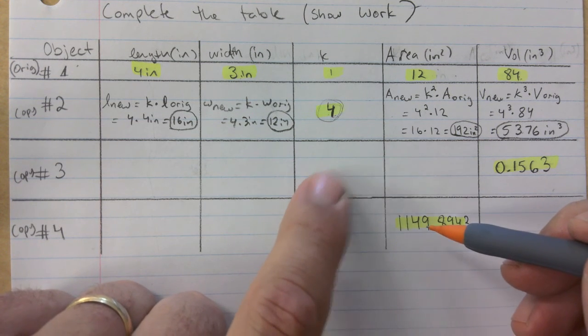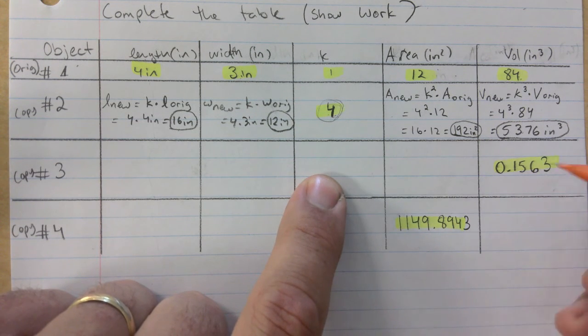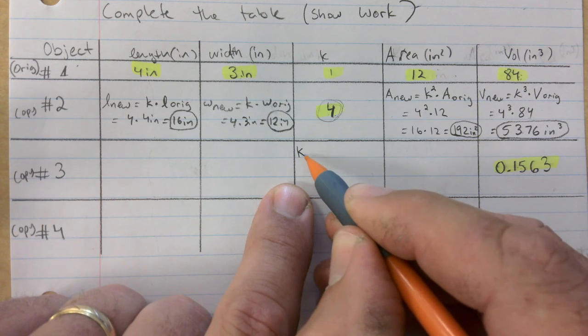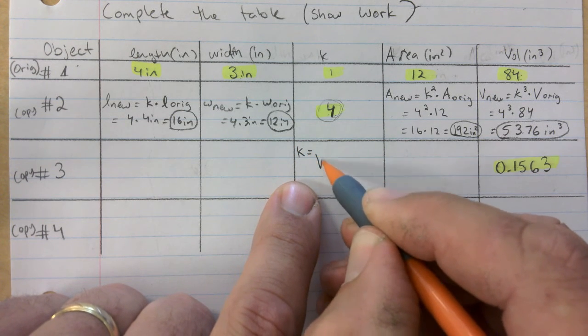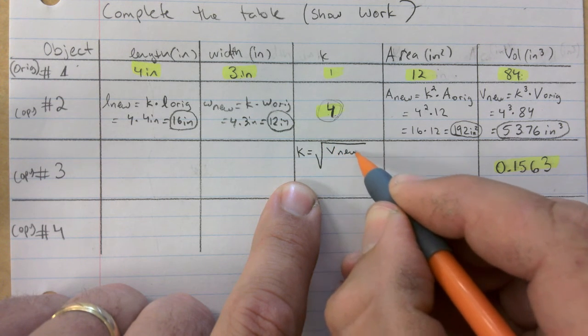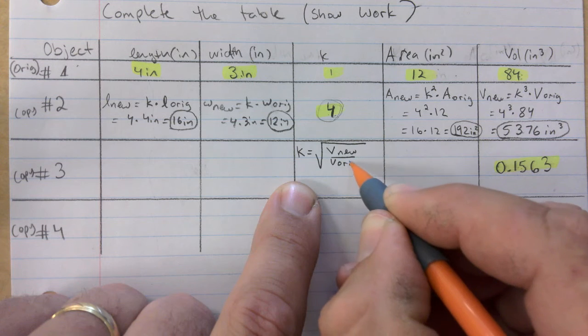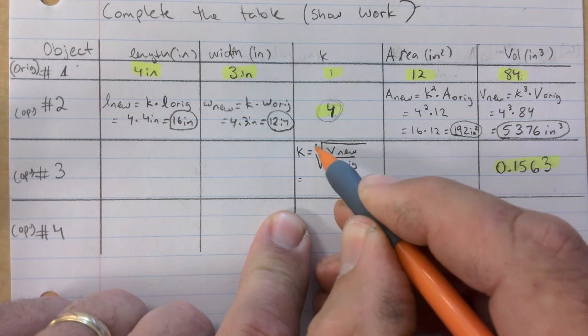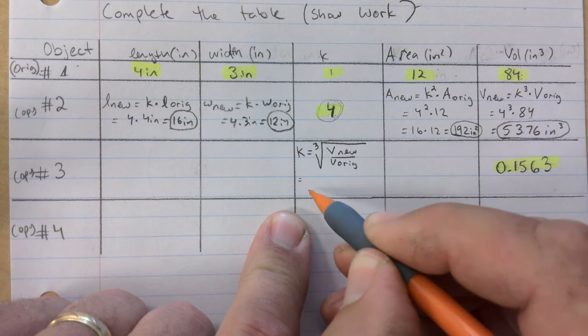You need to find the scale factor first. In this case, the only way to do that is by relating their volumes. So k is the cube root of volume of new over volume of original. Cube root, make sure you indicate cube root, not square root.